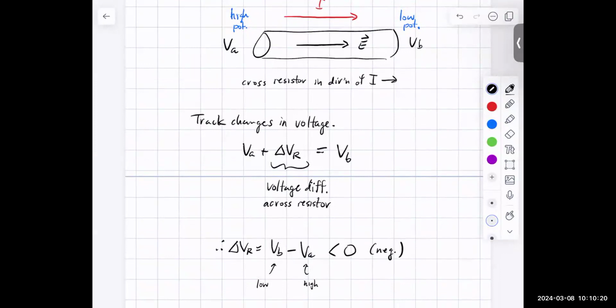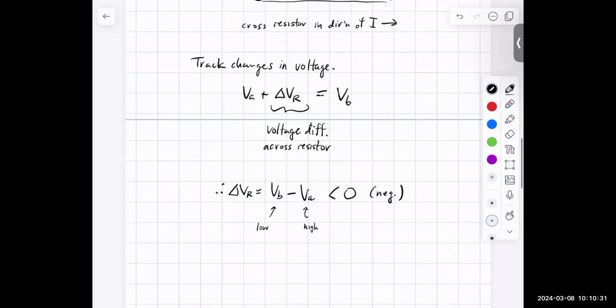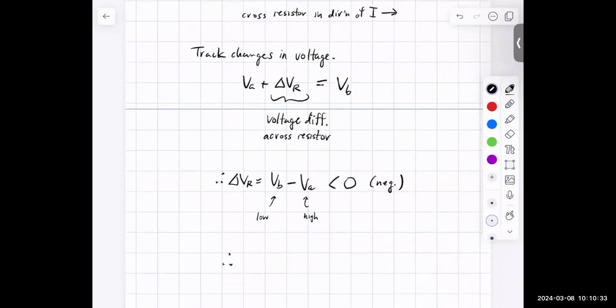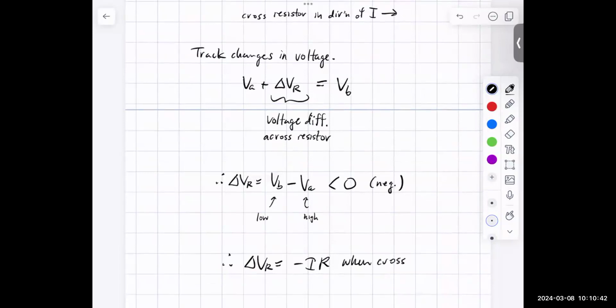We know that the voltage across the resistor will always have a magnitude of I times R. We're just trying to figure out whether the sign is positive or negative, and in this case it would be negative. Therefore, we would say the voltage across the resistor is minus I times R when we cross the resistor in the direction of the current I.